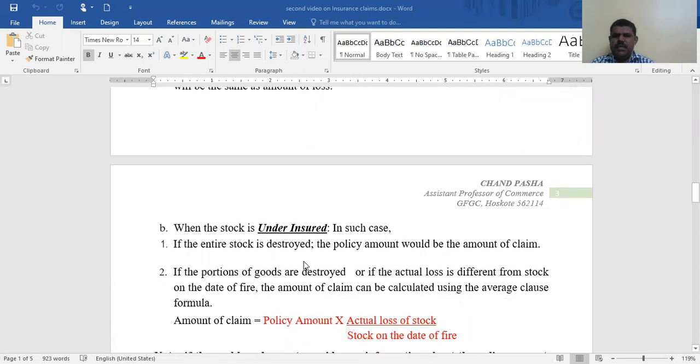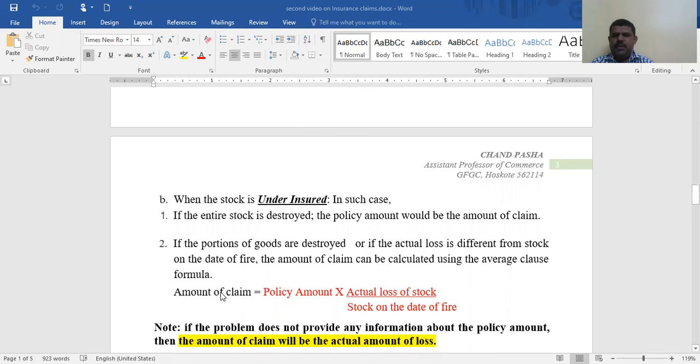But the problem is when there is under insurance. Under insurance is a situation where the stock amount is more and the policy amount is less. In this situation of under insurance, we make use of the average clause formula. We apply the formula to get the amount of claim.